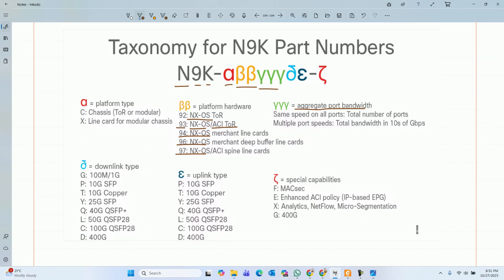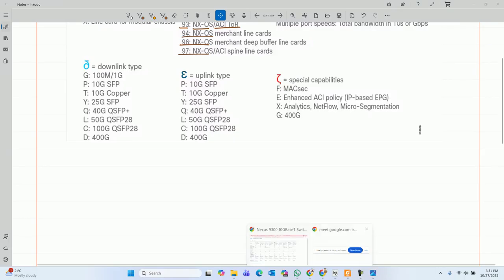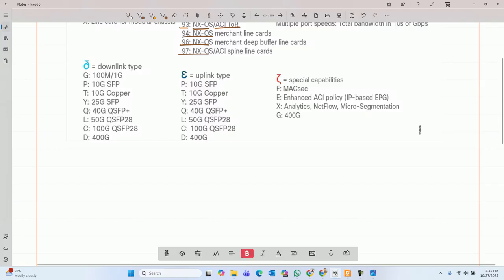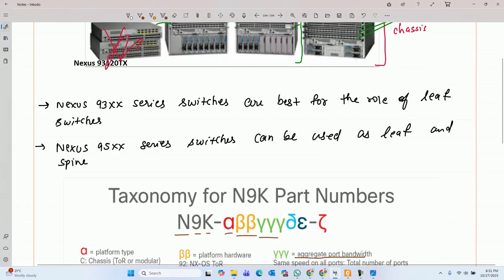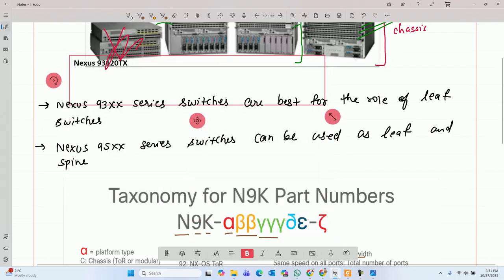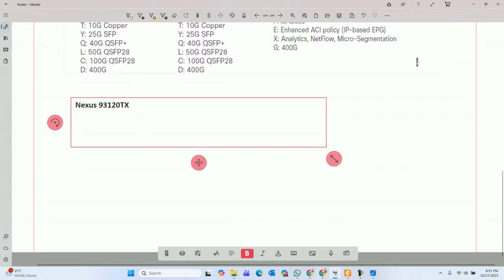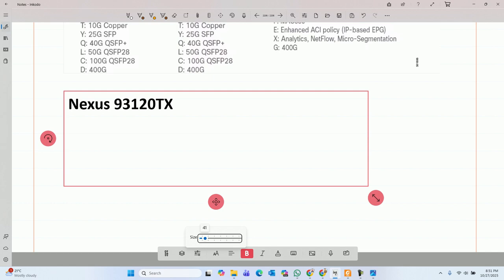Always remember this. You have this name, 93120TX, right?